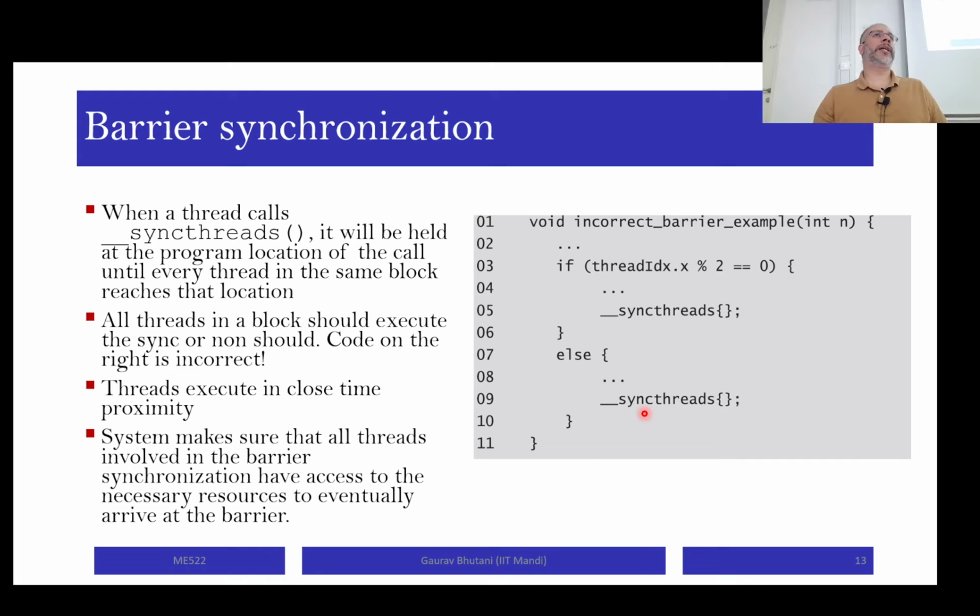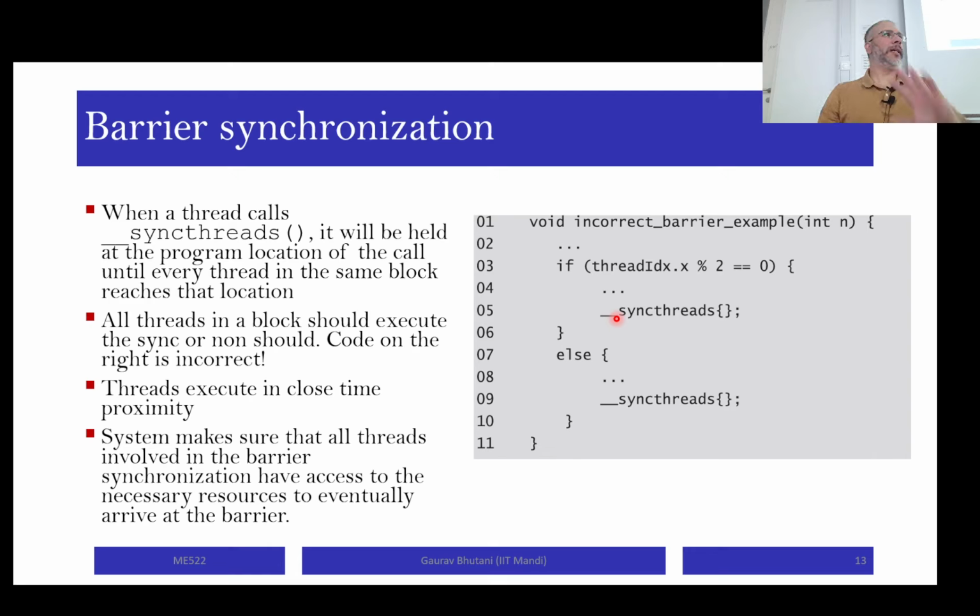But remember earlier we said that if you have a barrier, all the threads, in this case all the threads in a block, have to report to the barrier, only then the code proceeds from there. So if you have this barrier here, then all the threads in a given block have to report to this barrier, but by logic only the even threads will report to this barrier. So this code is going to hang. Okay, so this is incorrect code.